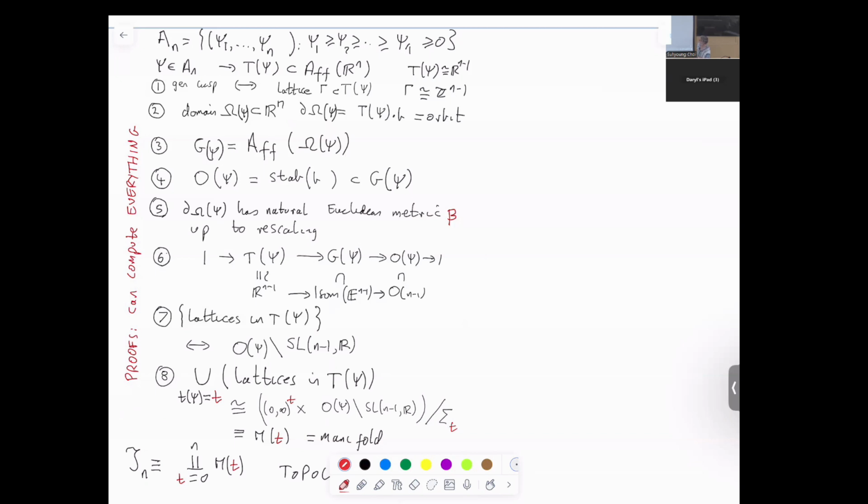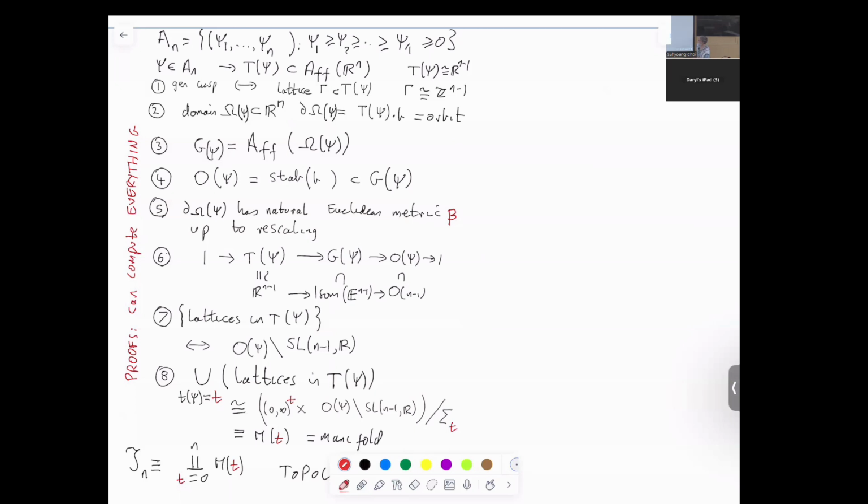Now, there's a Euclidean metric on the boundary of omega coming from the second fundamental form. That Euclidean metric is beta. And this group is a group of isometries of beta. That means this group fits into a short exact sequence. It maps onto the orthogonal group for psi, and the kernel of that map is the translation group.